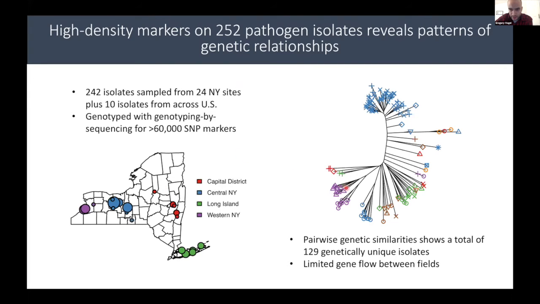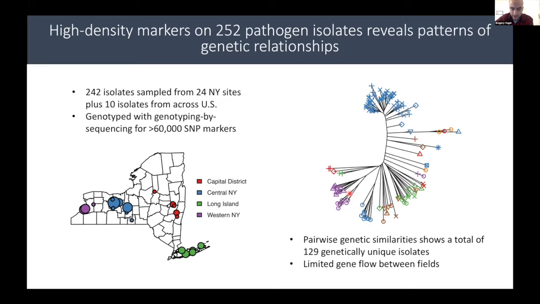And when we build a neighbor joining tree, or a phylogenetic tree, based on the SNP marker data on the right, we see that isolates are much more closely related to isolates from the same farm than they are to the population at large. So for example, here, each color is a different region of New York, and each symbol is a different field within that region.